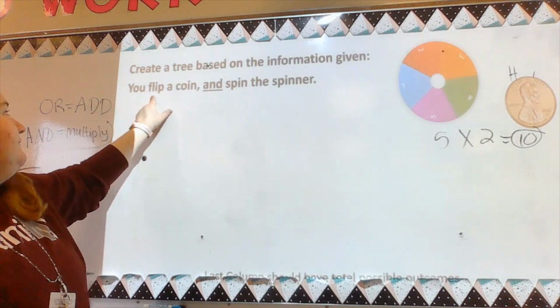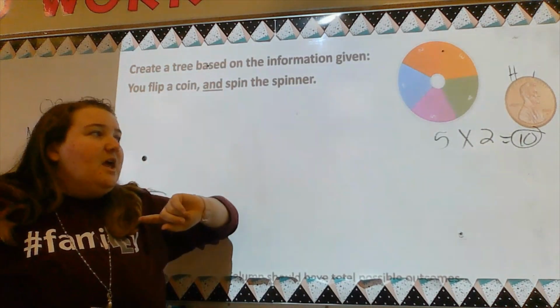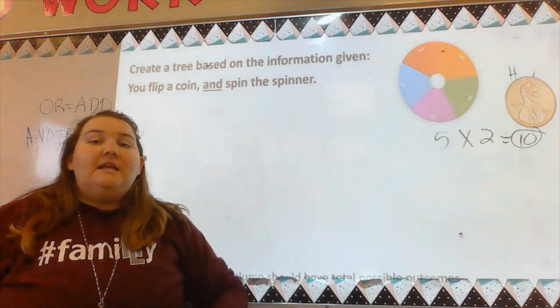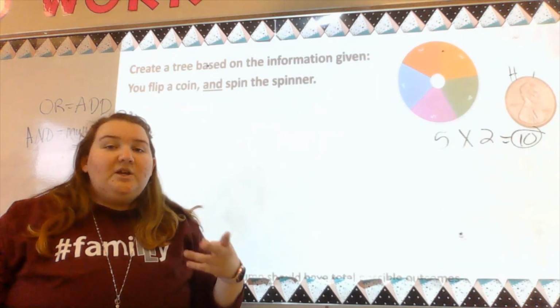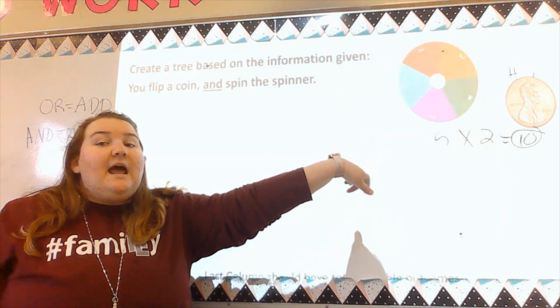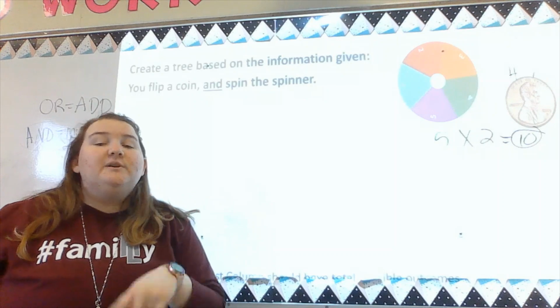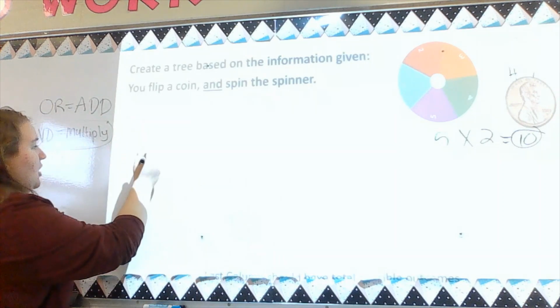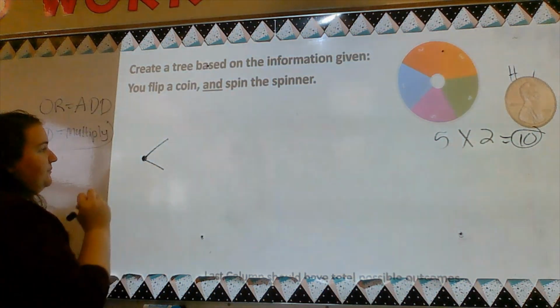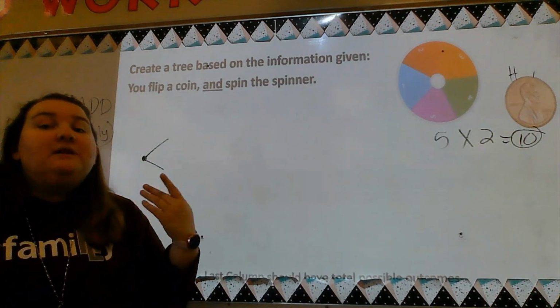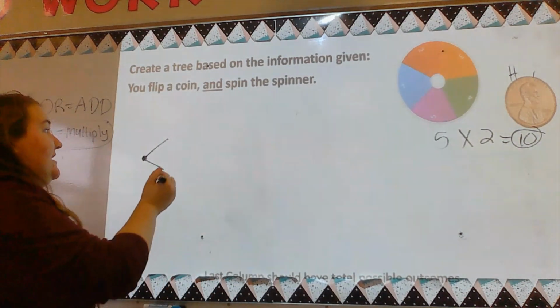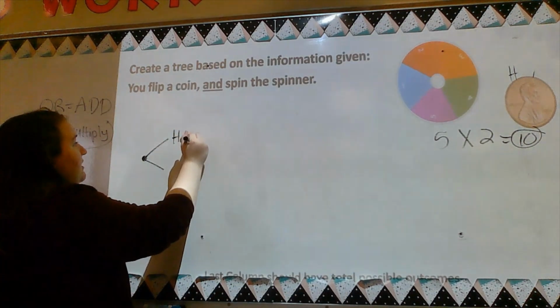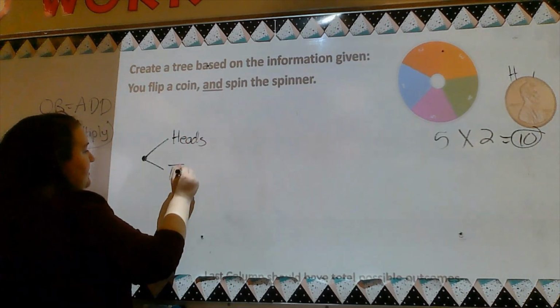We flip a coin, okay? That's going to represent how many branches we draw. So we flip a coin. How many options are there? 2. So we draw 2 branches. 1, 2. Okay? And I'm going to label those branches as heads or tails.